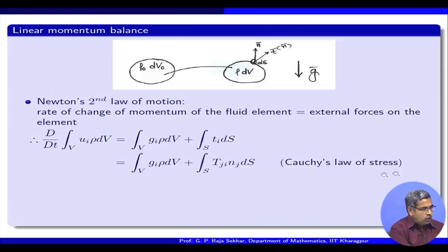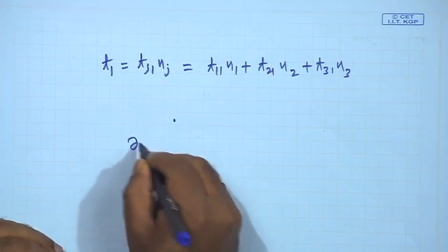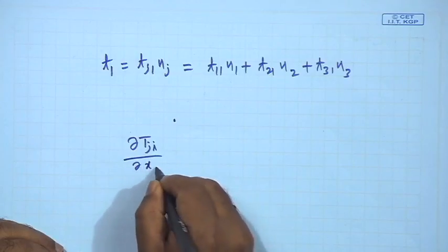So, using Cauchy's law we get this, then we use the divergence theorem to transfer the surface integral to a volume integral. The notation here, this is the stress tensor, comma j means this is exactly nothing but the derivative, T_ji by x_j.